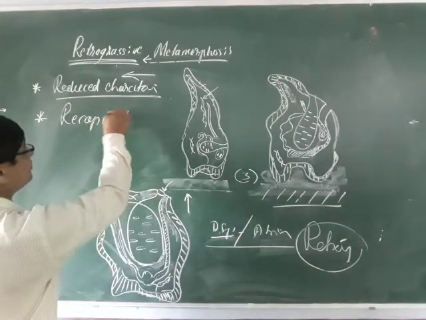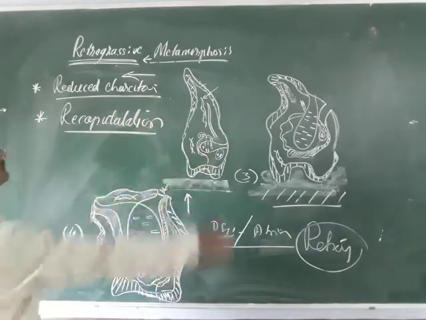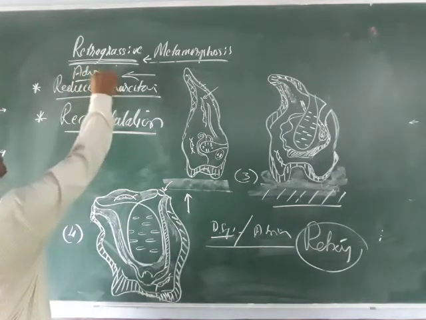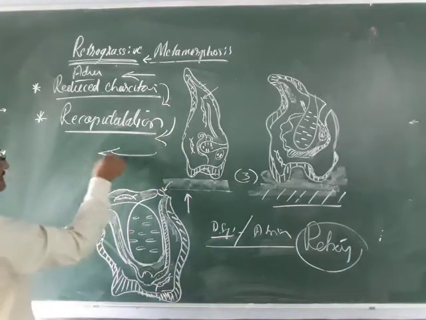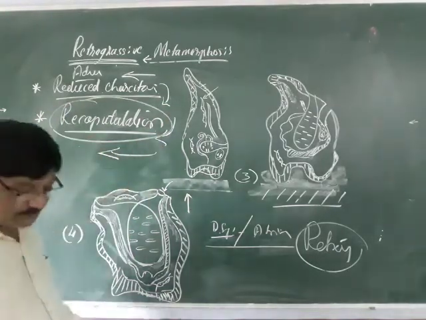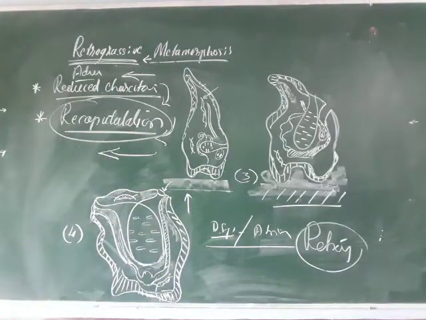Advanced characters are reduced and again return back. So that is recapitulation. It provides the recapitulation theory.